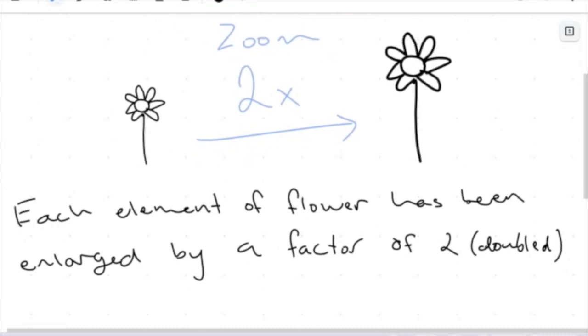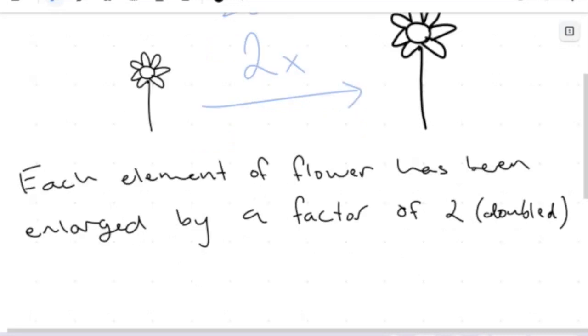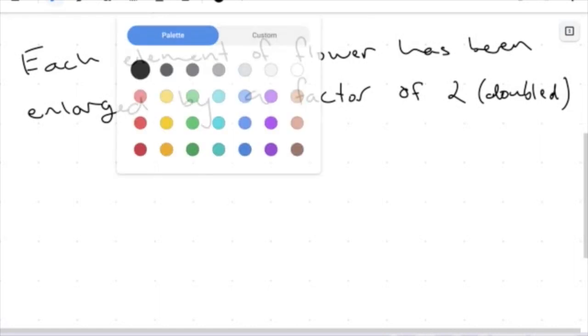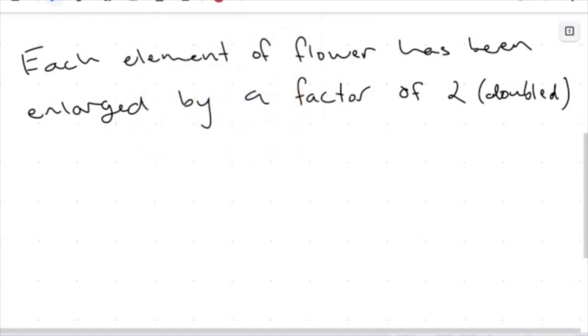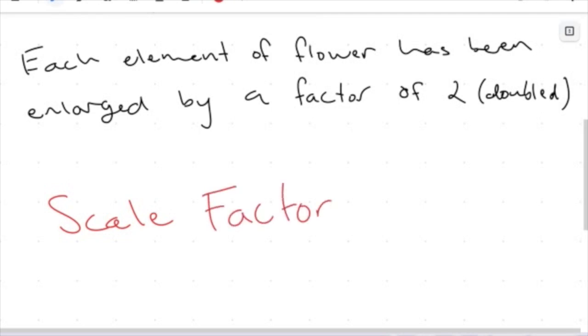This thing here is what we call a scale factor. A scale factor tells us the exact degree to which, or the exact size that this has been enlarged. It gives us a feel for how big, relative to the original thing, this new image has gotten.